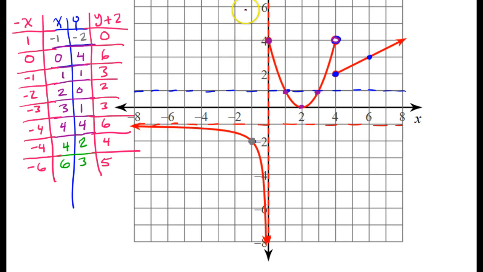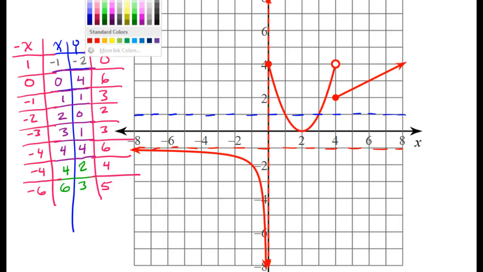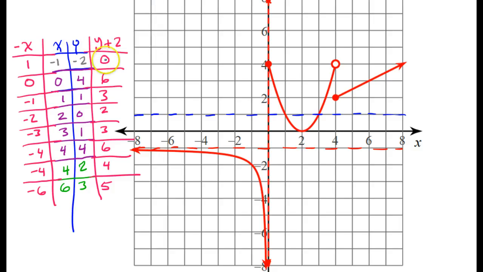Now let me erase all of these extra points that I highlighted and do my graph. So now I'm just looking at my new x's and my new y's. I'm going to have a point at 1, 0. So 1, 0 is right here.